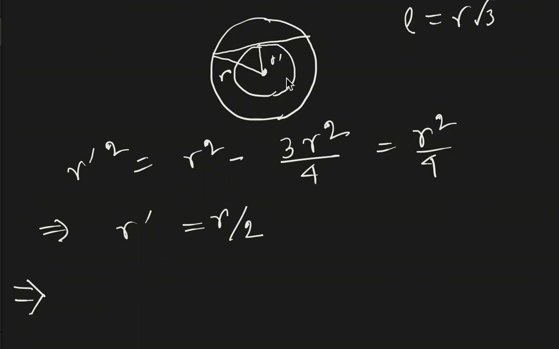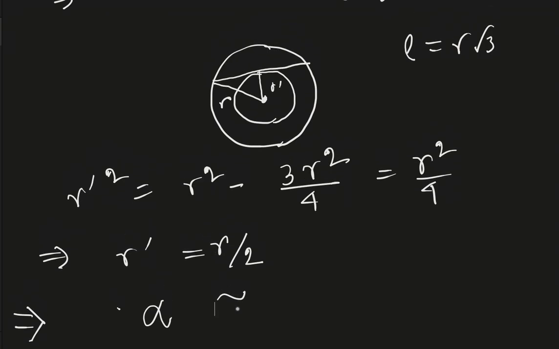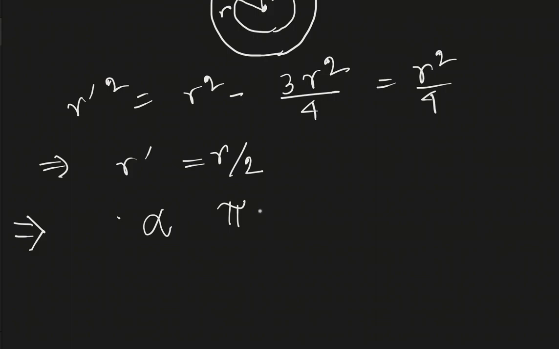Now if we represent the measure of how many lines I can draw inside this small circle by its area, then the number of favorable events, that means the number of chords I can draw whose length is larger than r root 3, should be proportional to the area of this circle, which is pi times r by 2 squared.